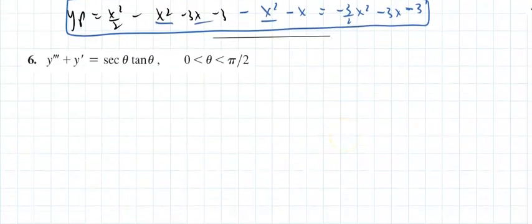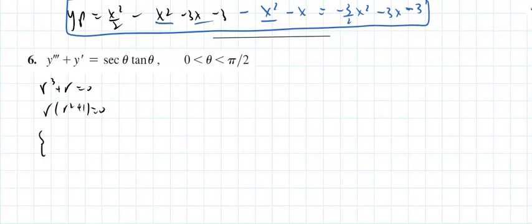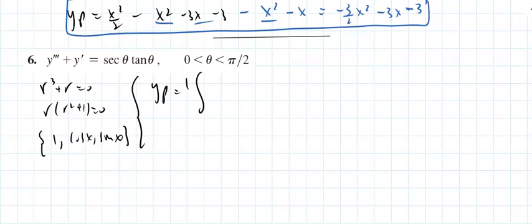In this case, you would say, well, let's see. This is going to give r cubed plus r equals 0. R times r squared plus 1 equals 0. So r equals 0. That's a cosine of x and sine of x. Which means the particular solution is y1 times the integral of... Oh, I didn't figure out the Wronskian yet.